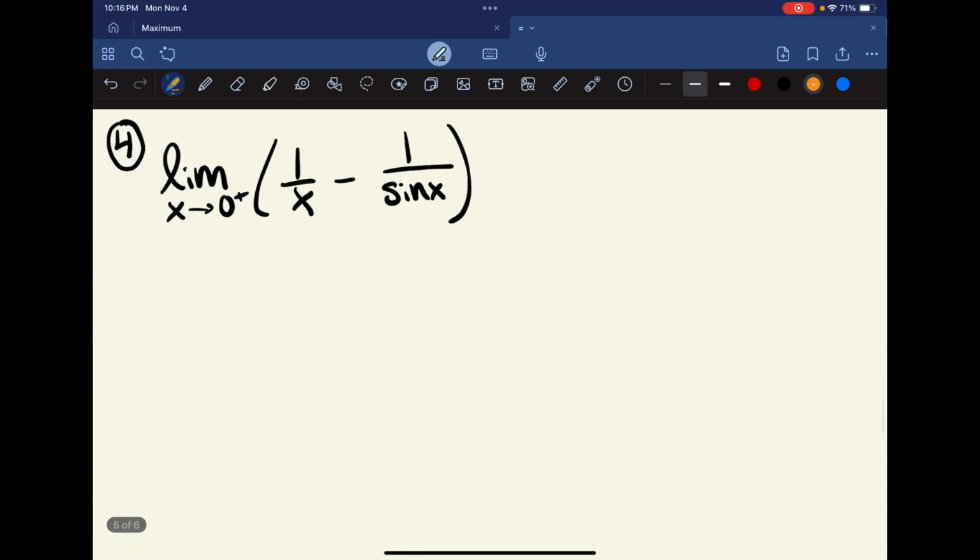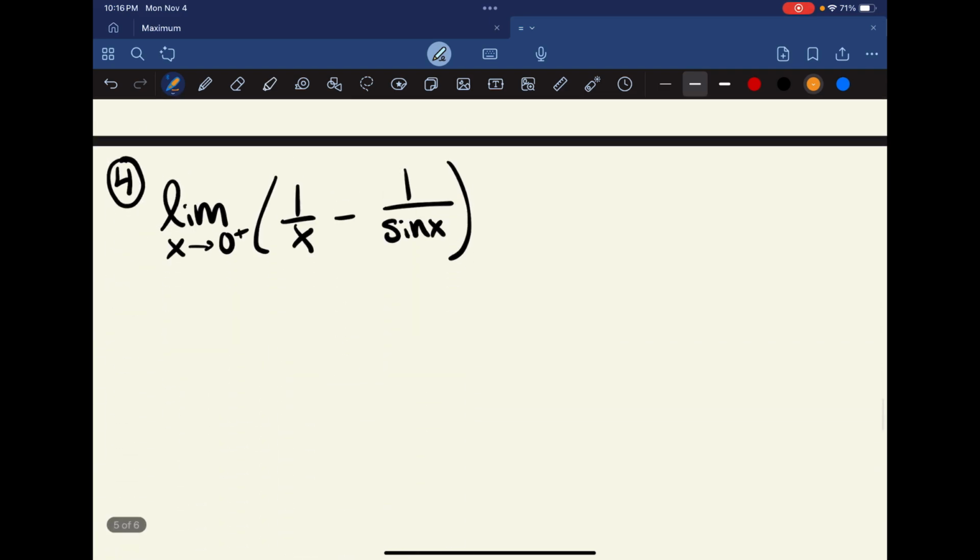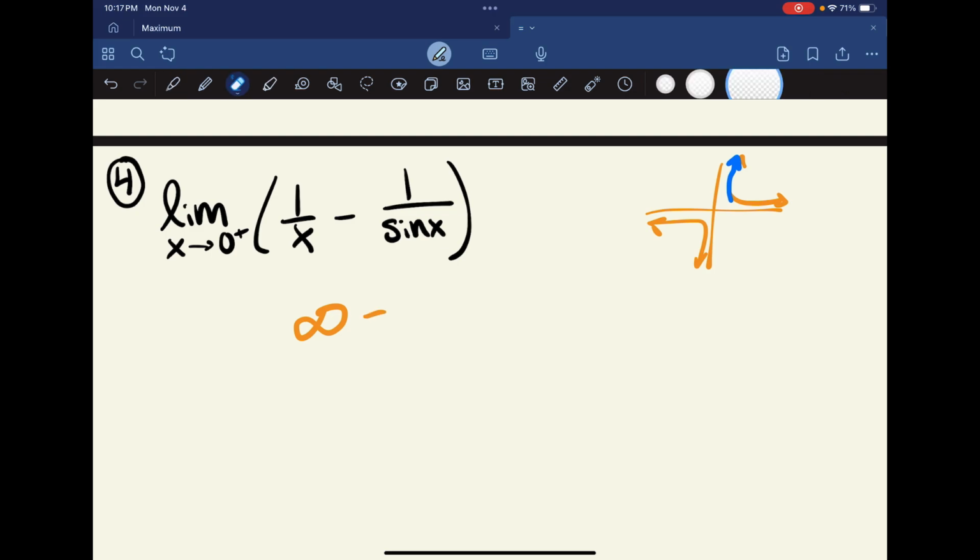All right, so then this one. If we do direct substitution here, 0 from the right, if we remember our graph of x squared, it looks a little something like this. If we're going towards 0 from the right, we're going up to positive infinity. So we've got infinity minus 1 divided by sine of x.